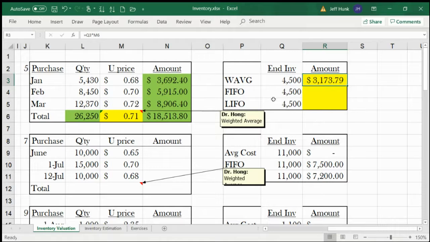Now, FIFO and LIFO. What's FIFO and LIFO? FIFO is first in, first out inventory valuation technique. And in FIFO, you assume whatever came in first is sold out first, right?